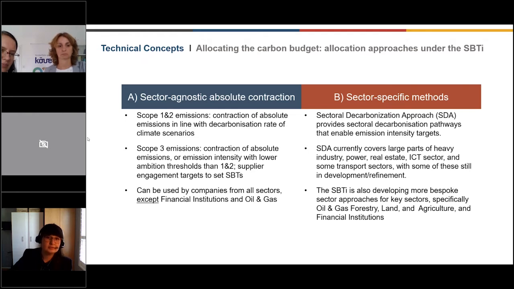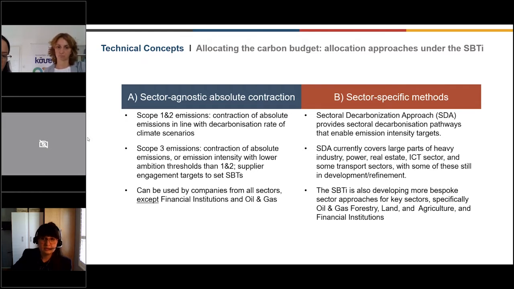But basically the premise of this is all companies need to contract or reduce their emissions by a certain percentage per year to align with either well below 2 degrees future or a 1.5 degrees future.